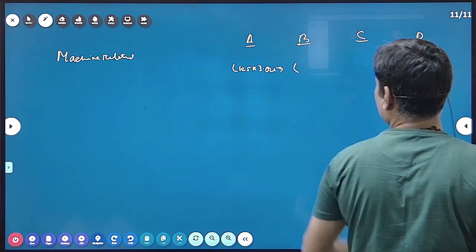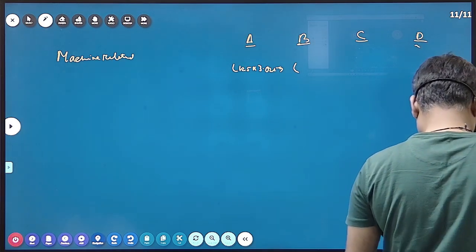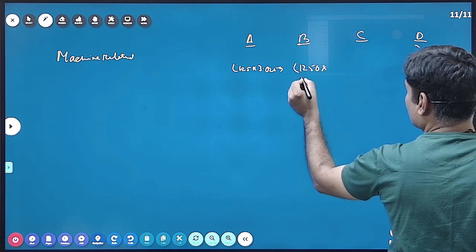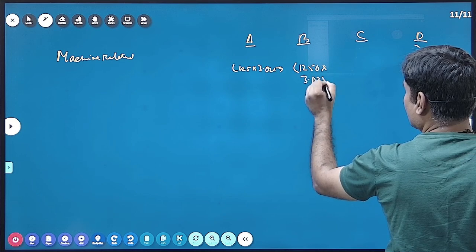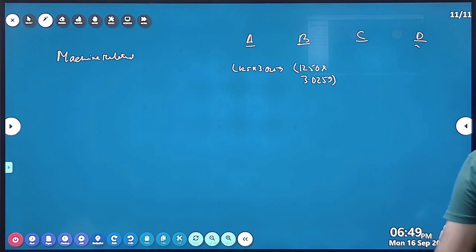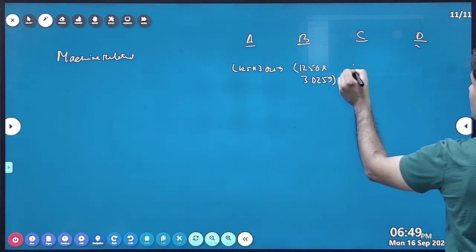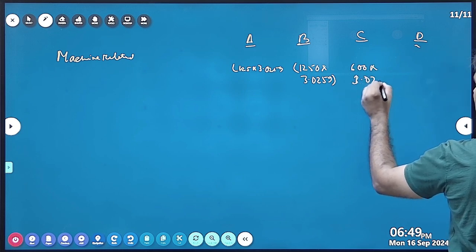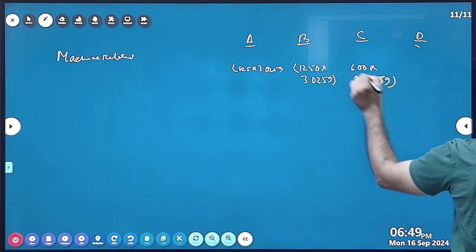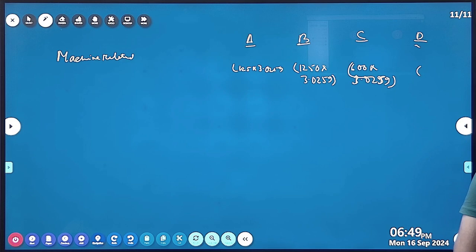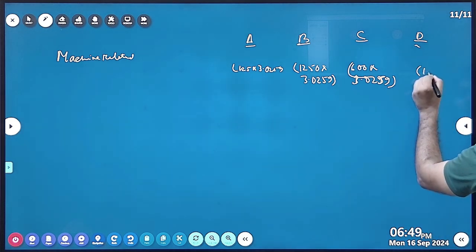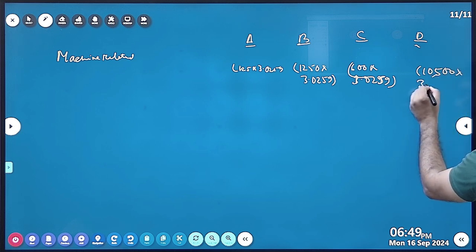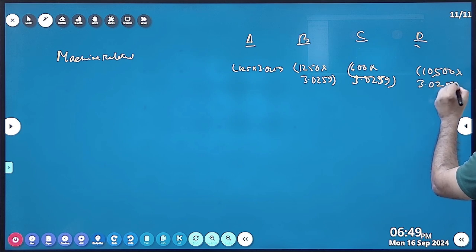Then it will be 1250 into 3.0259. Then 600 into 3.0259. Then here it will be 10,500 into how much?